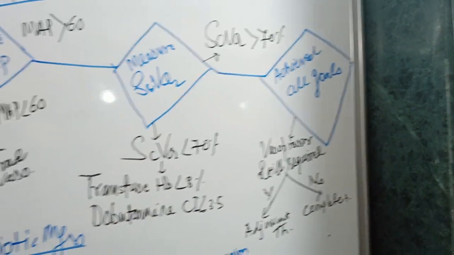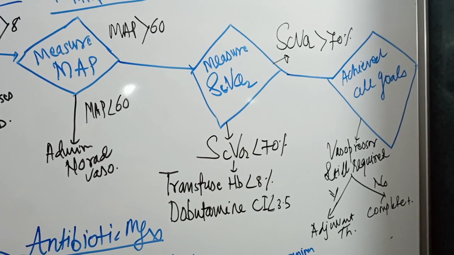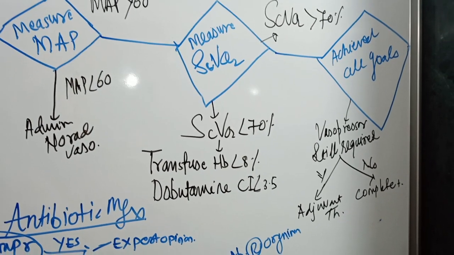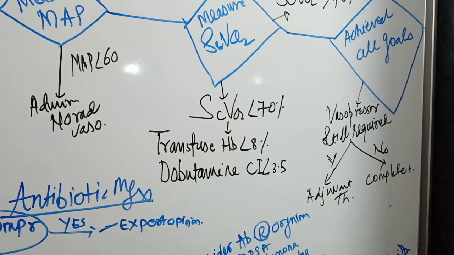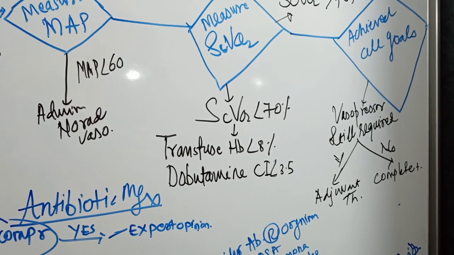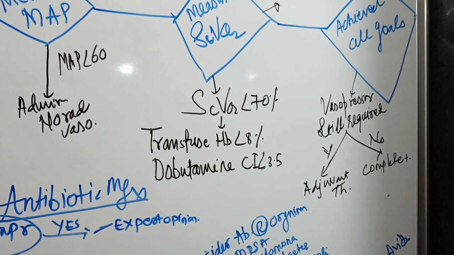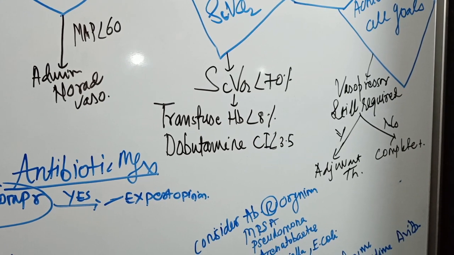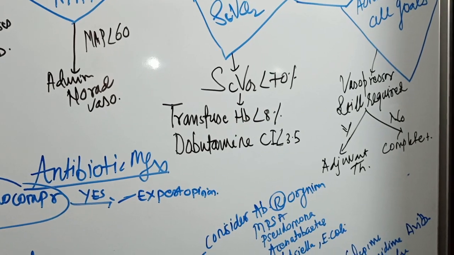And the other condition, when central venous oxygen saturation is more than 70%, we have achieved all our goals. If vasopressor is still required, we will give some adjuvant therapy. If vasopressor is not required, our therapy is complete.